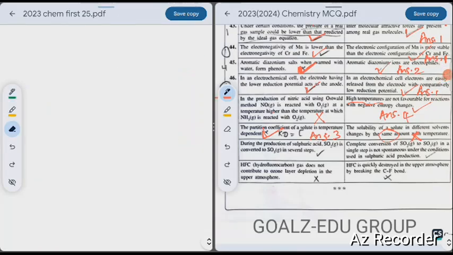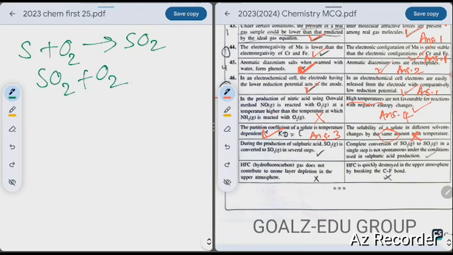First statement: during the production of sulfuric acid, SO2 gas is converted to SO3 in several steps. So, we'll write the production process of this sulfuric acid. The reactions involved are these. Sulfur plus O2 gives SO2. Then SO2 plus O2 gives SO3, and that is an equilibrium reaction.